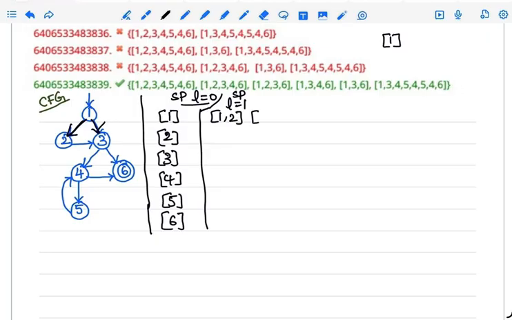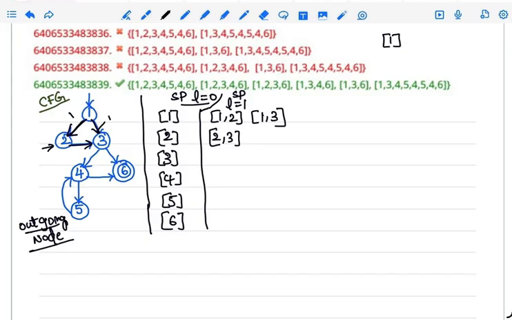Starting at node 2, there is only 2 to 3. We are only checking outgoing edges from each node.